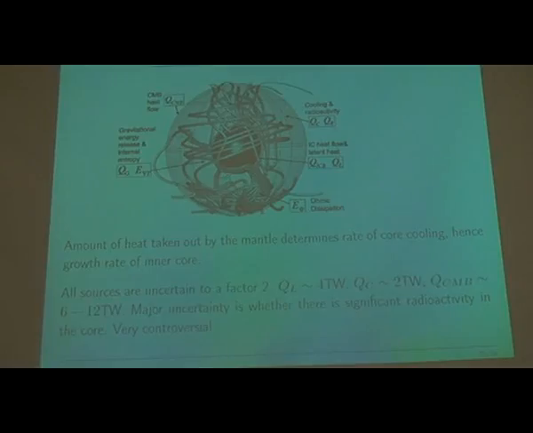And it makes quite a difference, because if it did get mixed up with the core, then there would be sufficient potassium in the core to be producing quite a lot of radioactive heating, which would be a uniformly distributed heat source within the core. And the geochemists, by and large, didn't like that. They didn't think it was possible for potassium to be carried down into the core, because they didn't think it could mix with liquid iron, which it can't.